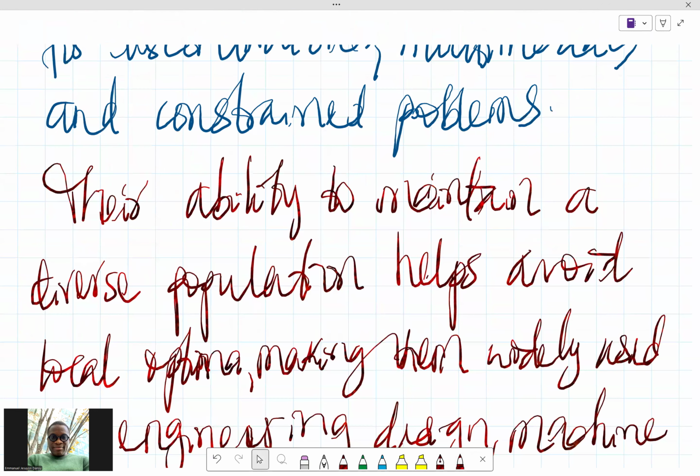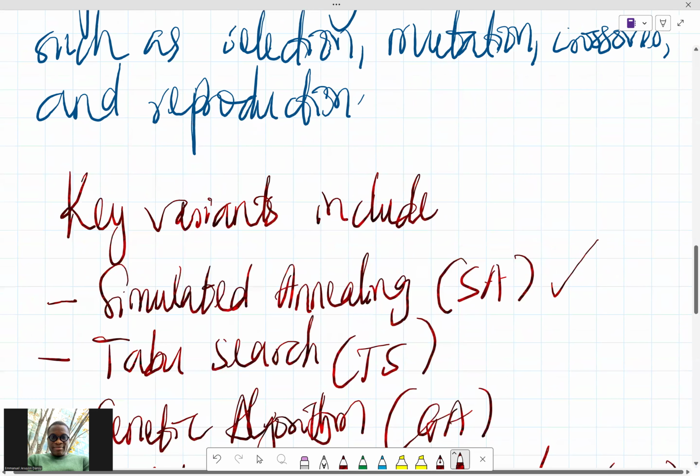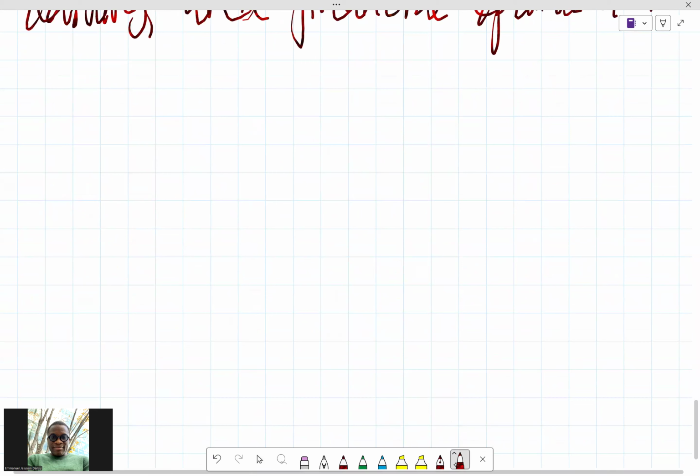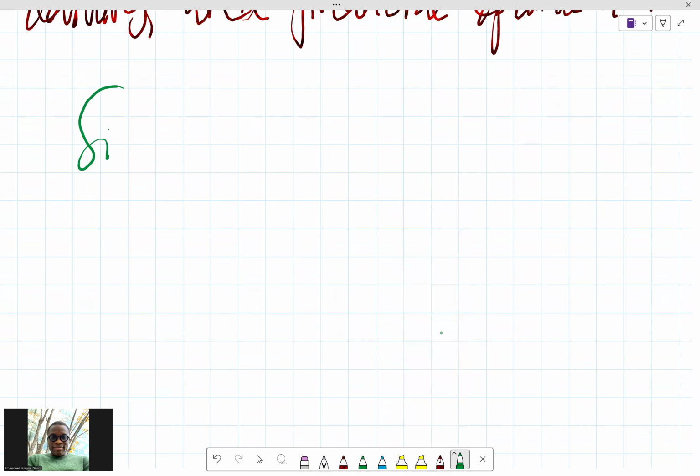With that said, let's go for the first method we'll be considering here: simulated annealing for non-linear programming.